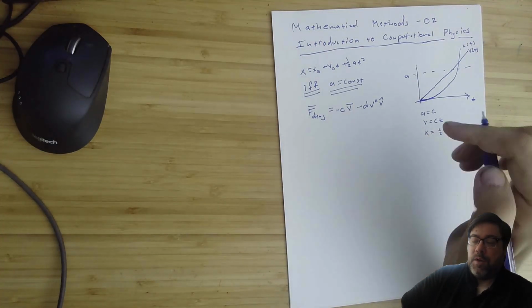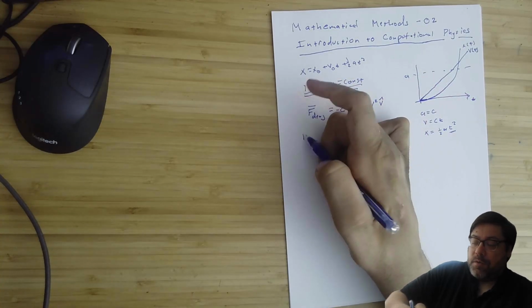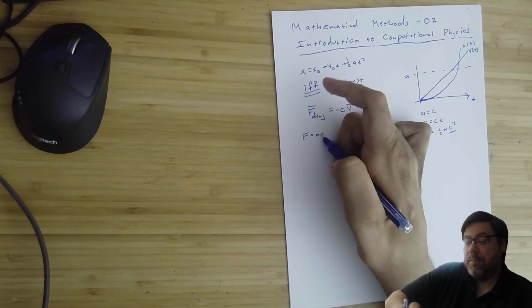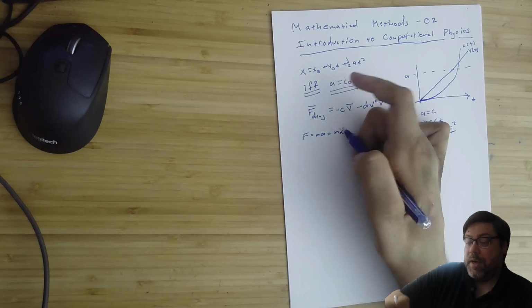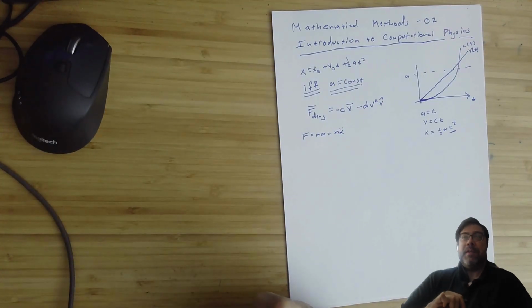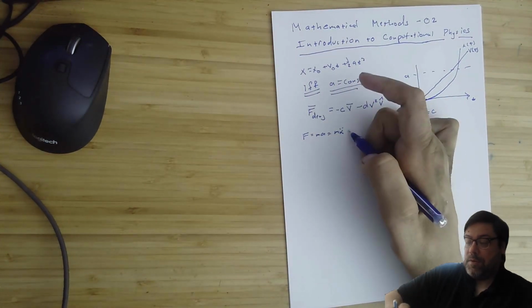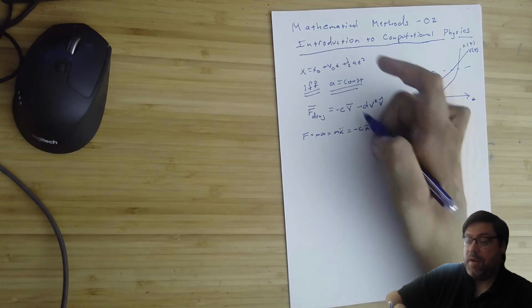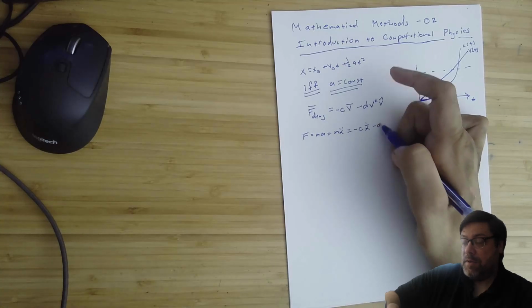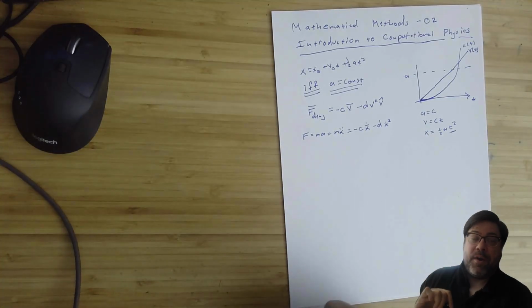And so if we do this, then for a rocket the force is going to equal the mass times acceleration, which is just mass times x double dot. X double dot just means the second time derivative of position, which is acceleration. And this is going to equal minus c x dot if we have linear drag, minus d x dot squared if we have quadratic drag.